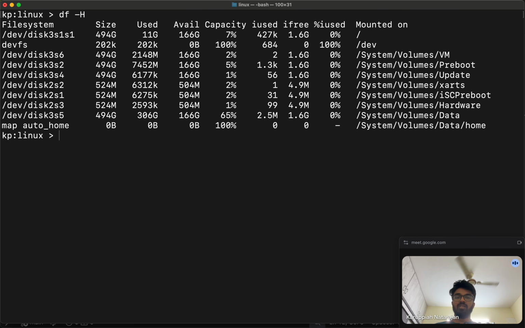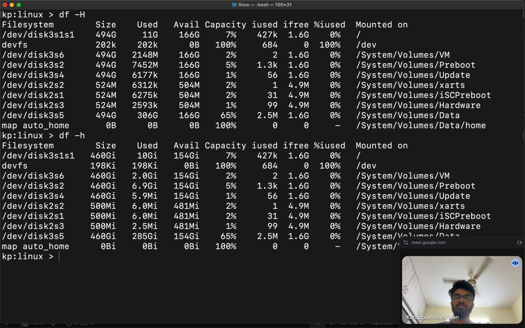So, for example, over here you can see that for me 7% is used, as you can see over here. The total is 494, used is 11 GB, available is 166, right? And if I look at hyphen small h, it's something close.